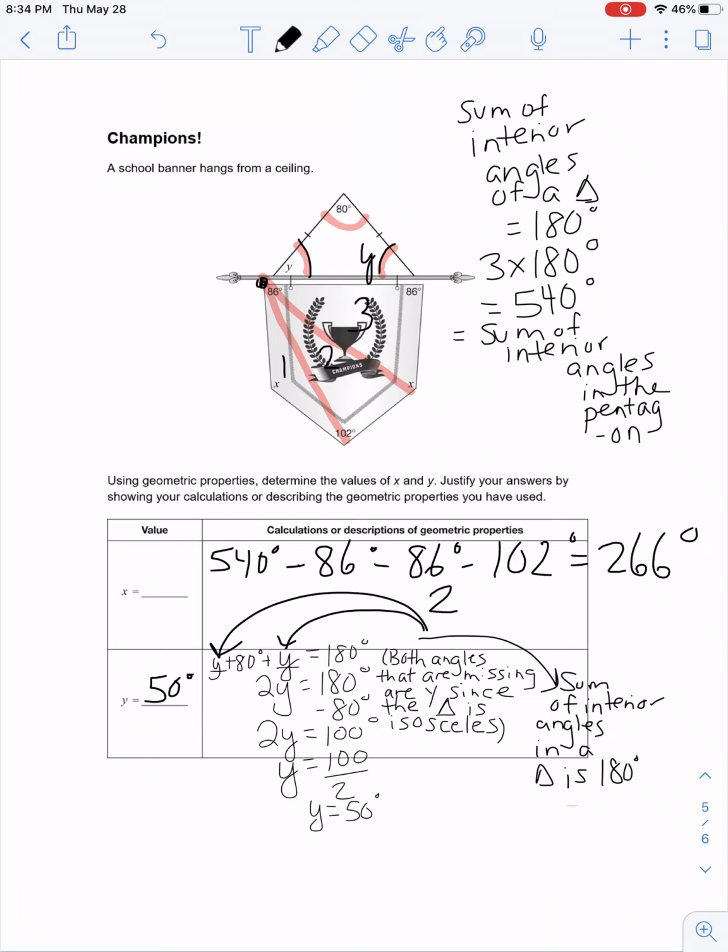So 2x equals 266, which means that 1x is going to be 133 degrees, because 266 divided by 2. So x is 133 degrees. And so that's using the sum of the interior angles in the pentagon and the angles that are already given.